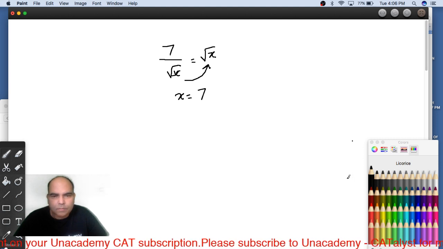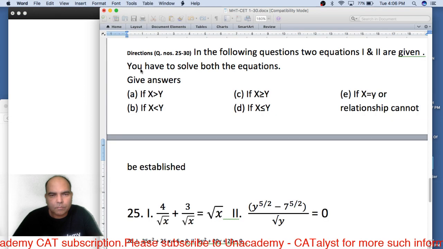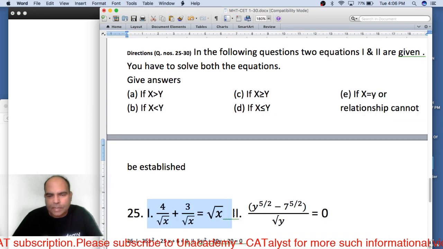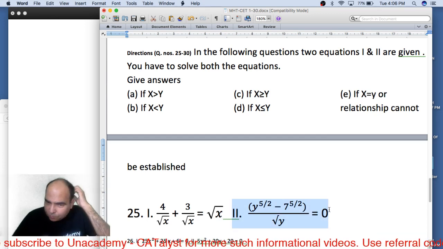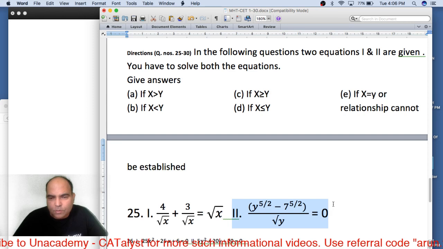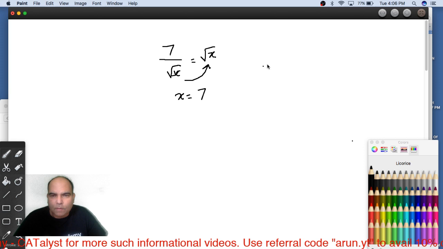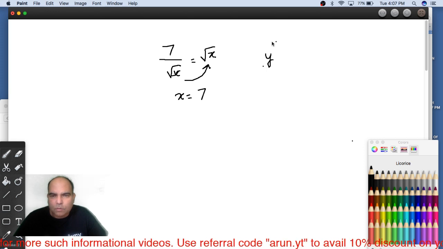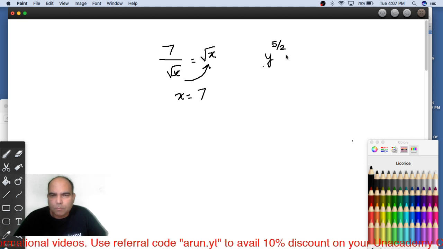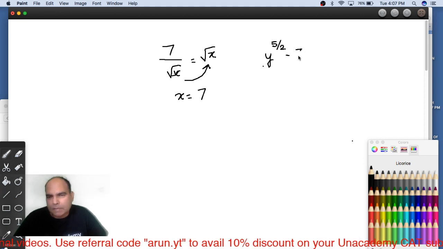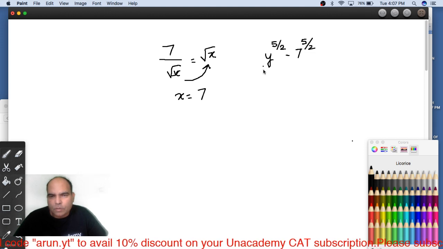If you look at the second equation, that's giving you the value of y: y raised to 5 by 2 minus y raised to 7 by 2, divided by root of y, is equal to 0.